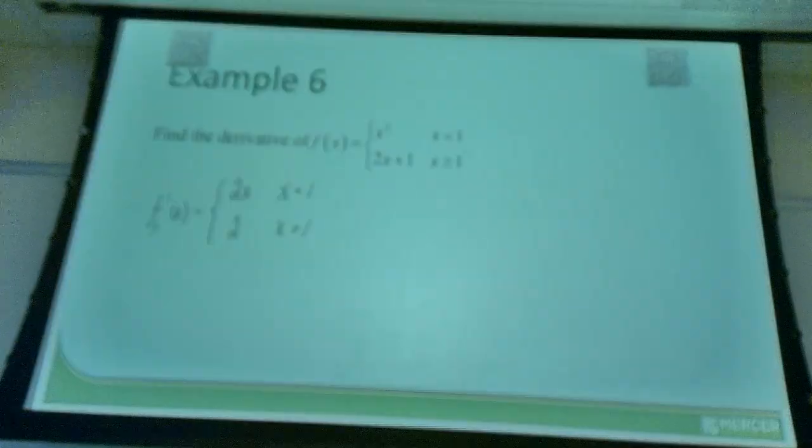So let's put a question mark when x equals 1, because it doesn't tell us what happens at 1. Because we don't know. But we can figure it out.